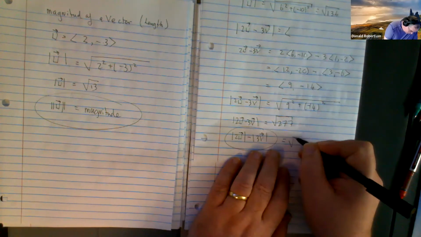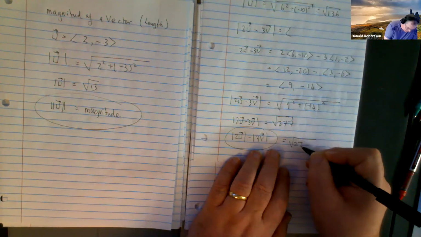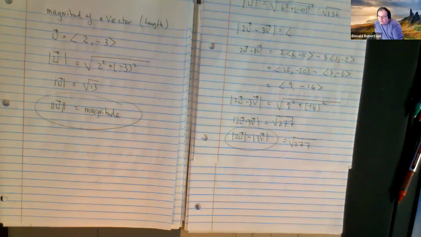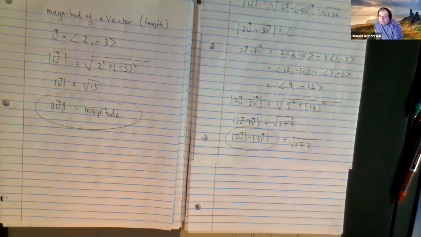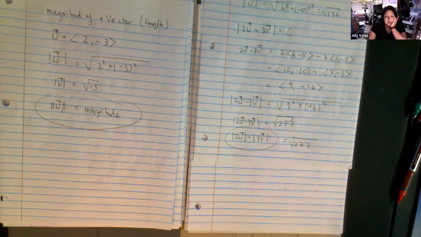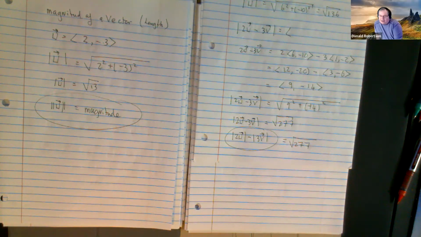Is that answer going to be the same number? Yes or no? Do you think these should be the same answer? What's your gut feeling? I feel like it won't. You're correct, it won't.